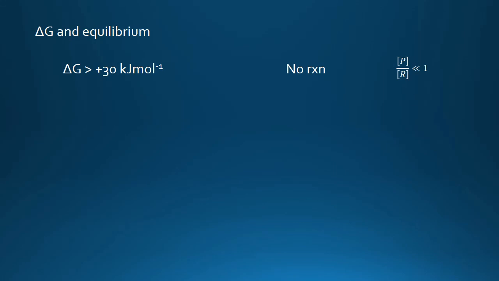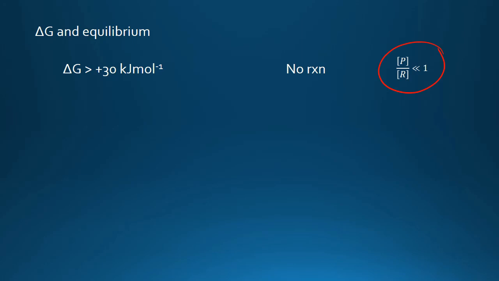All right, so when delta G is greater than positive 30 kilojoules per mole, and this is essentially, they've done thousands of different reactions, and this is the universal number they have found. Any reaction that has a delta G of positive 30 and above, no reaction takes place. So if you look over on your far right, this is an equilibrium setup. So the concentration of your products over the concentration of your reactants.